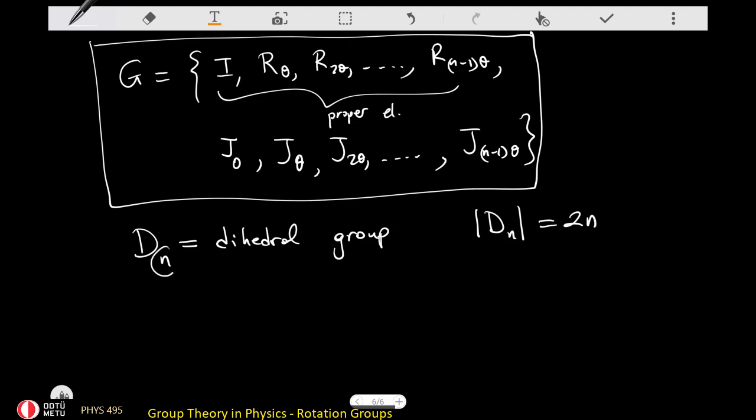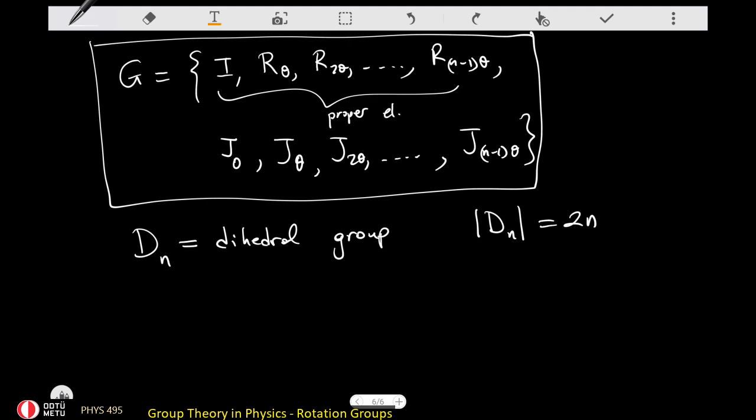So basically, n describes the rotation subgroup of that group. So the n elements correspond to the rotations, including the identity, and the other n elements correspond to reflections.